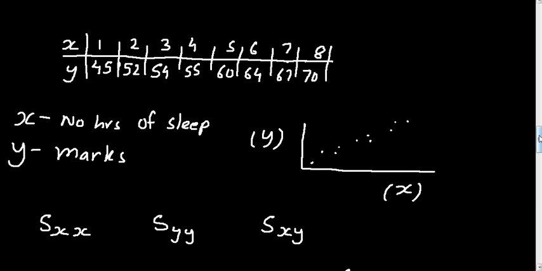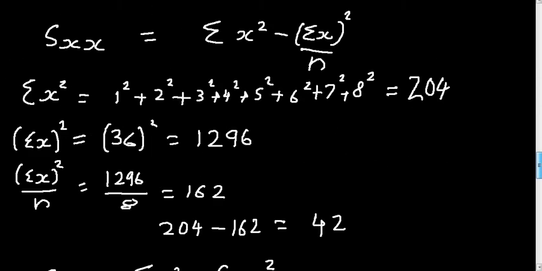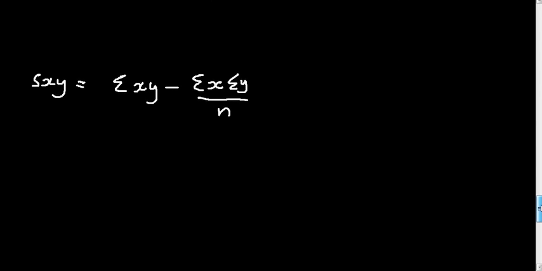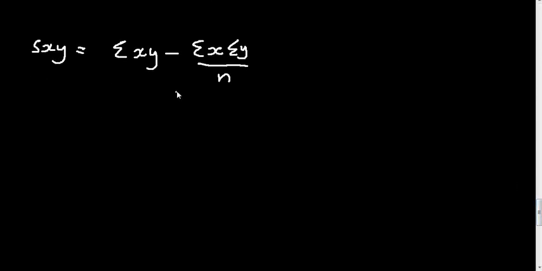Now the sxy coefficient you calculate by following this formula. You sum all the x and y terms multiplied together, each individual x term multiplied with its relevant y term, and you add them all together.